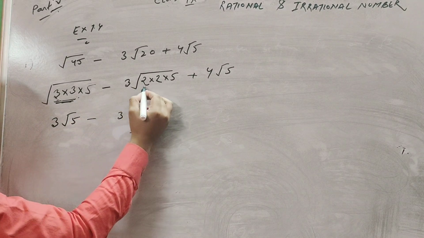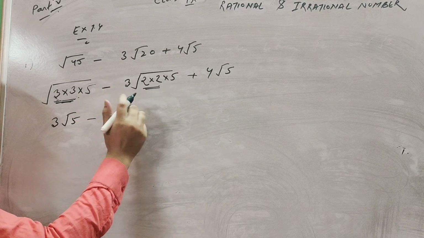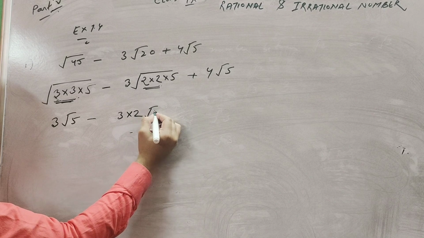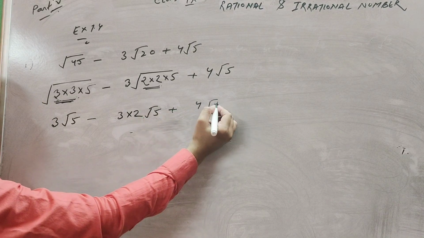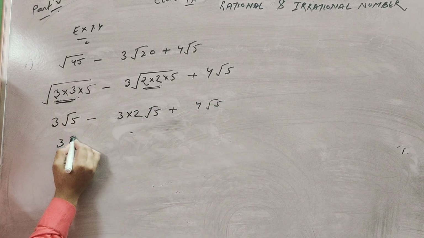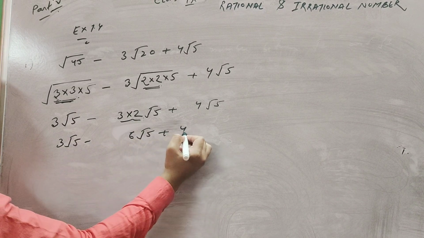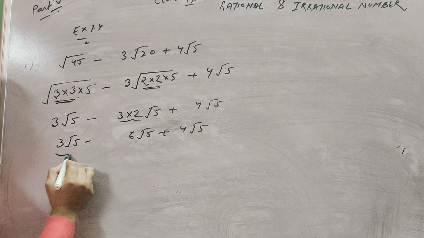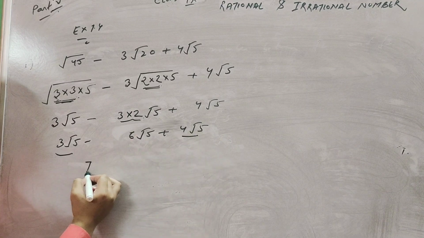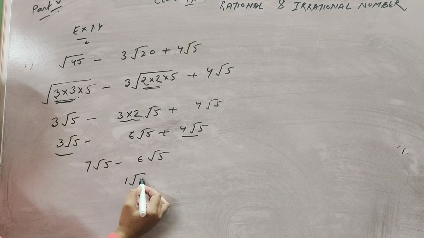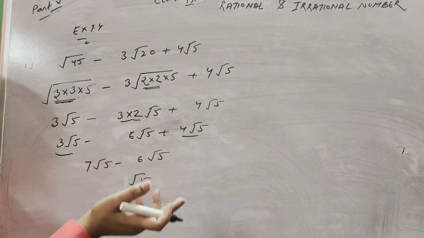Minus 3, this 2 comes outside because root 2 times root 2 is a single 2, root 5, plus 4 root 5, done. So 3 root 5 minus 6 root 5 plus 4 root 5. So 3 root 5 plus 4 root 5 is 7 root 5, minus 6 root 5, that is 1 root 5. You write 1 or not?